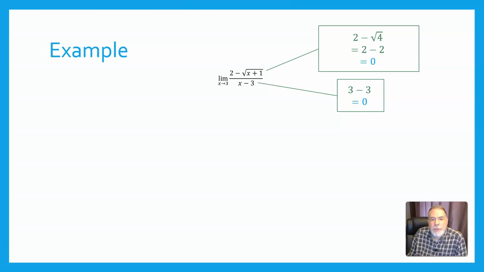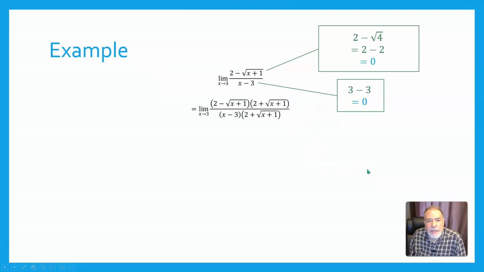Now, the numerator is not a polynomial, so we can't really factor it, but we can try a different trick. What I'm going to do here is multiply the numerator and the denominator of this expression both by the same quantity, 2 plus the square root of x plus 1.